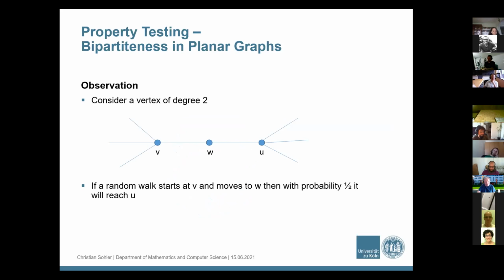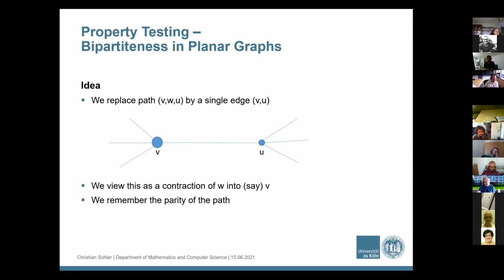So then what we did in the next step is that we were looking at vertices of degree 2. And we were making the following simple observation: if a random walk starts at V and moves to W, then it will also with probability 1/2 reach the vertex U. And so from the point of view of a random walk, we could just replace the path VWU by a single edge VU.